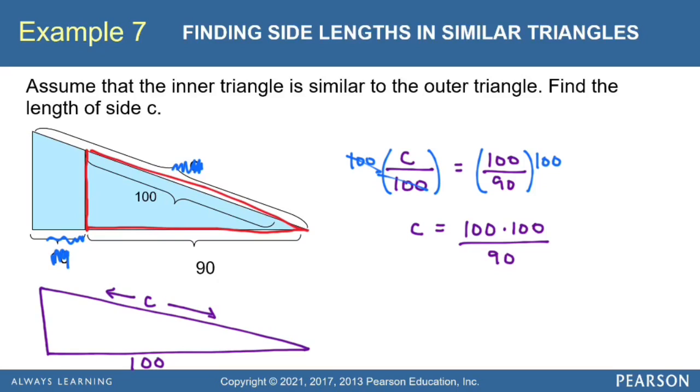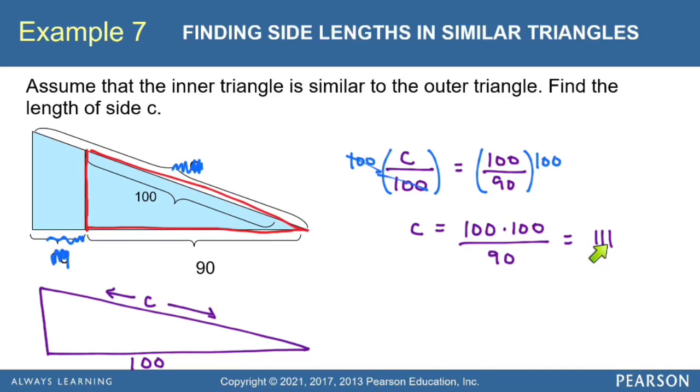Now, we could do a little simplifying here, but this will not reduce to a whole number. So let's just go to our calculators and enter 100 times 100 divided by 90, and you'll get 111. Remember, in MyLab, they will always tell you how many decimal places to round off to.